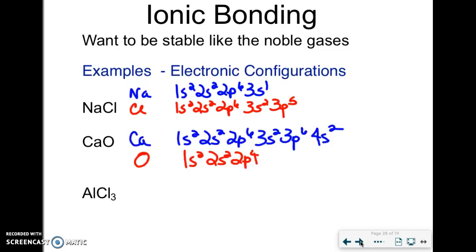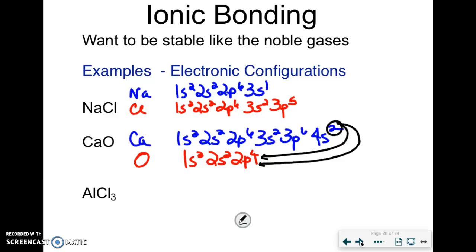Another example here is calcium and oxygen, okay? Calcium's electron configuration is 1s2, 2s2, 2p6, 3s2, 3p6, 4s2. 2 valence electrons in that s orbital in the 4th quantum number. Oxygen is 1s2, 2s2, 2p4. Calcium would transfer 2 electrons, so I'm drawing 2 arrows, to that 2p4 orbital.